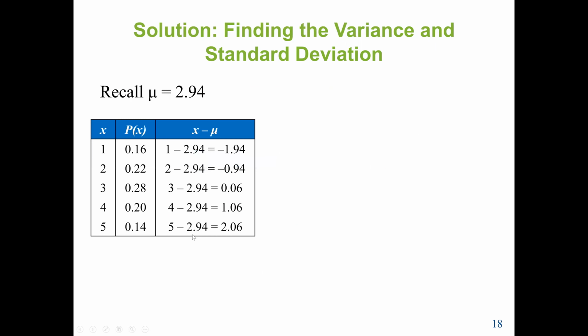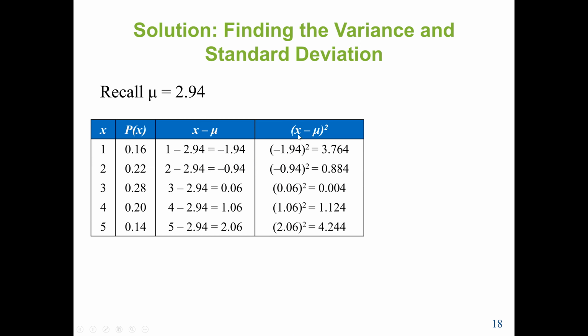So the difference of each value and the mean, in this case, is the scores. And we can see our solutions here. Then we need to square it, so we square the difference of X minus mean. And this is the answer when we square each value.